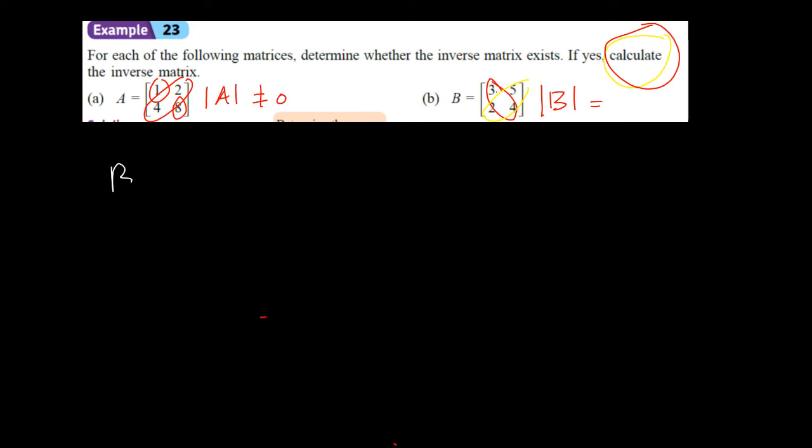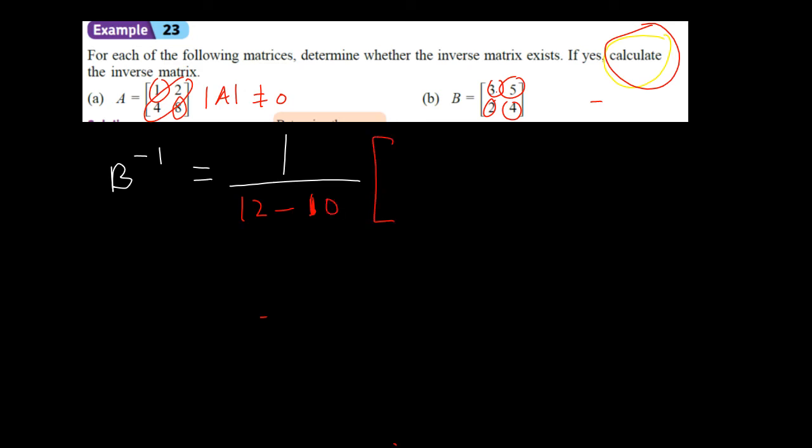The inverse of matrix B equals 1 over AD minus BC. That means, as you have done just now, 12 minus 10, 5 times 2 is 10.